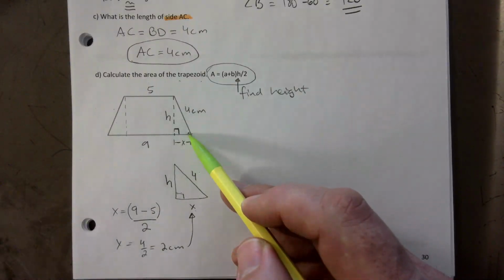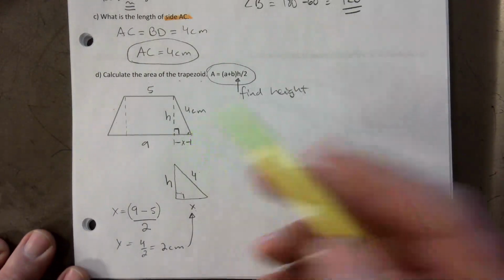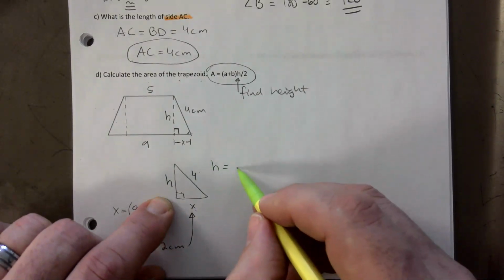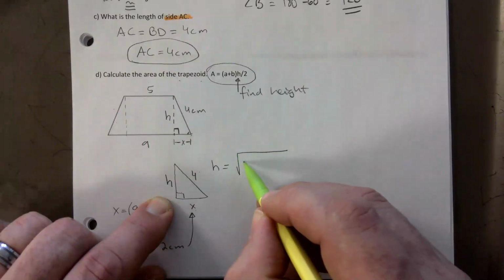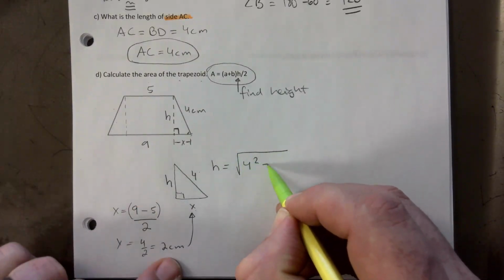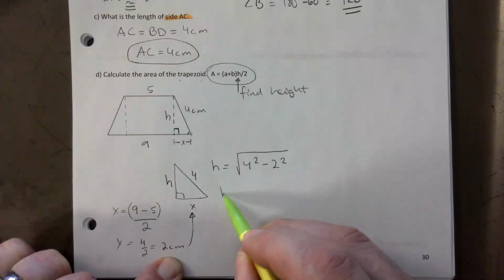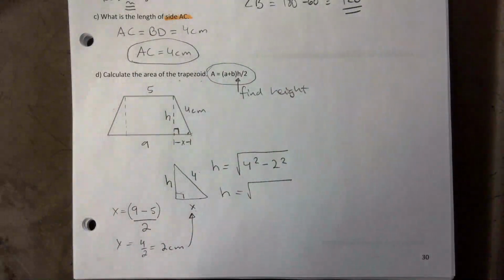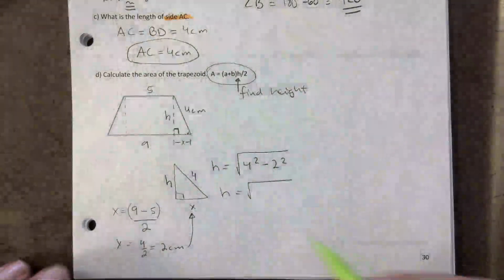So whatever method you choose, you go for it. Okay, it will work. I will use Pythagorean theorem here. H is one of the legs, correct? So you have to go 4 squared minus 2 squared. And that gives me root of 12.